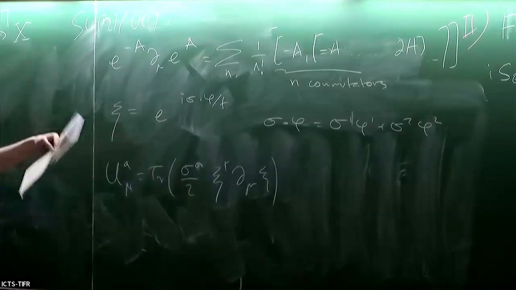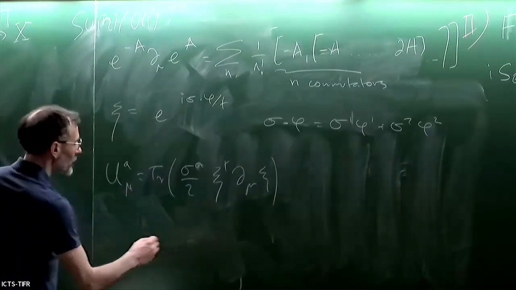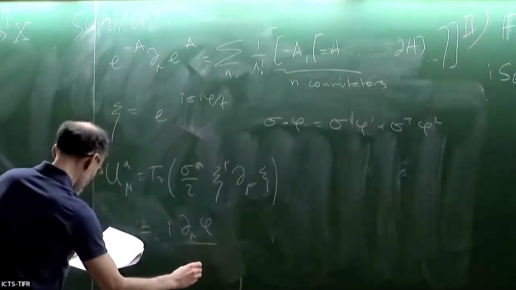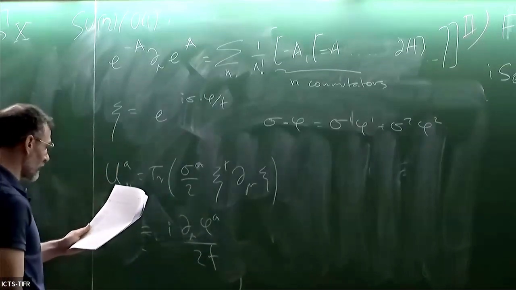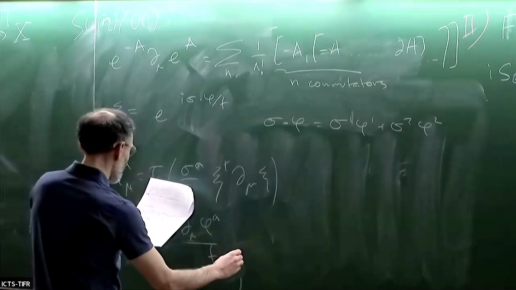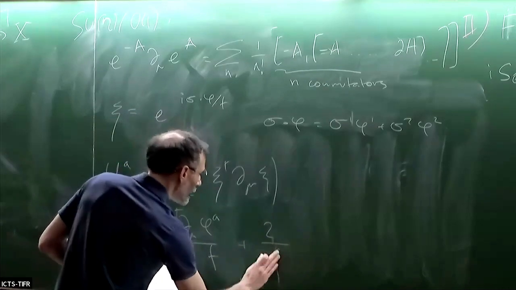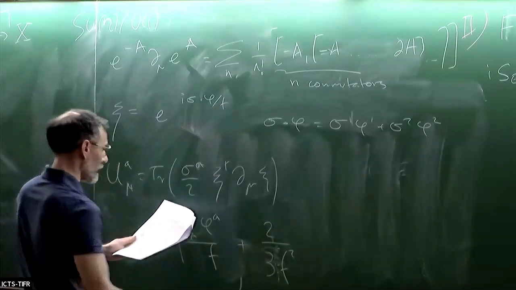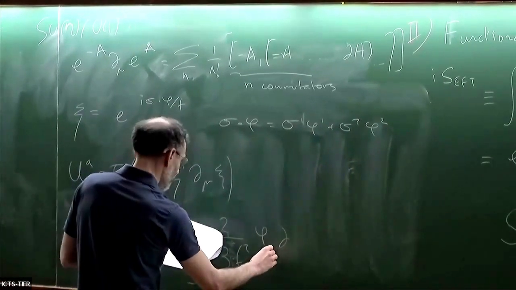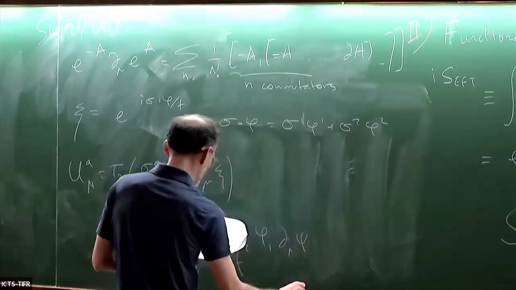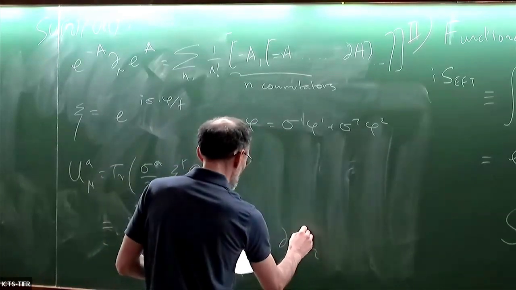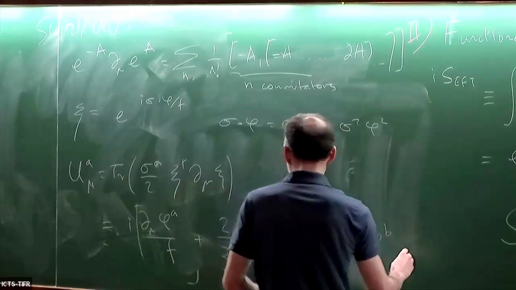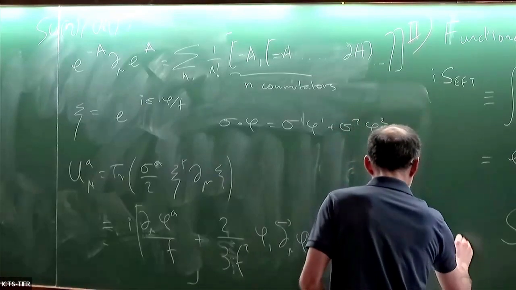You can do that exponential explicitly with the gamma 1 and gamma 2 functions, but we only need the first few terms, and you can check this as an exercise: i times partial mu of phi over 2f, and the next term will be 2/3 of f squared, with a plus sign for now, with that left-right arrow, times the Levi-Civita epsilon AB3, phi A partial mu phi B, plus higher orders in 1 over f.